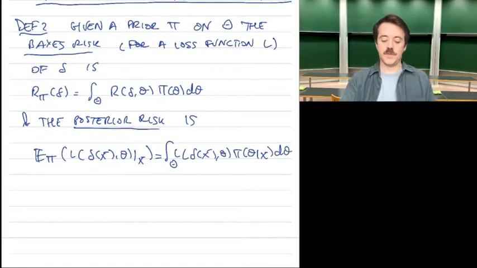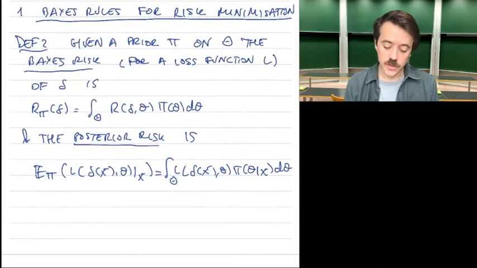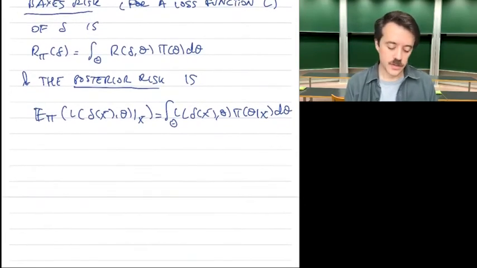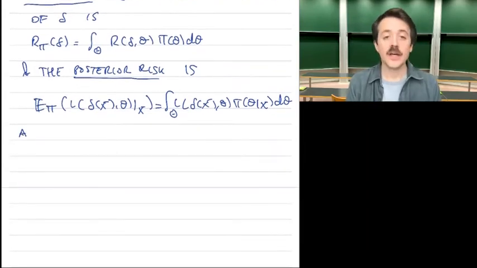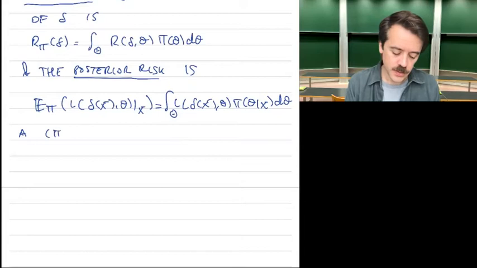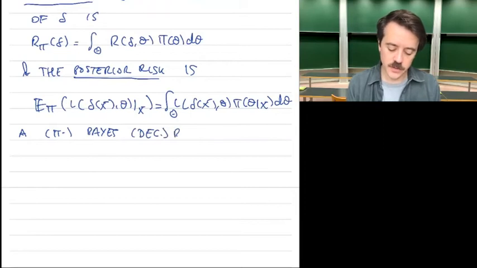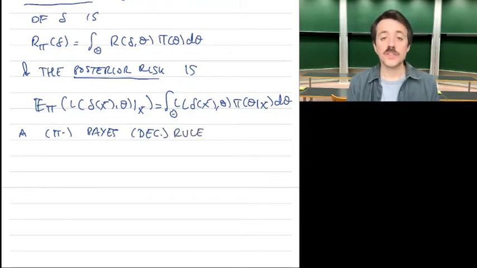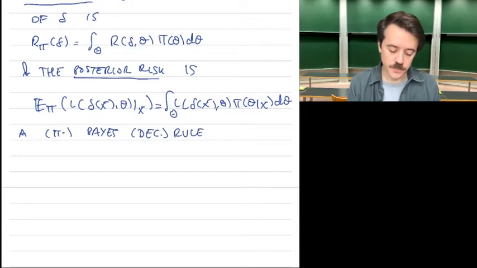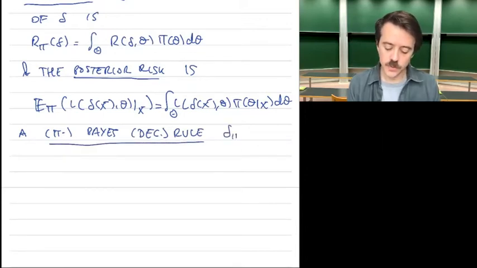Okay, and because we want to minimize the risk, let's define lastly a pi Bayes rule. Many times we'll omit this pi. So a pi Bayes decision rule, again we'll omit the decision bit. What is this? Well, we can denote it as delta pi.